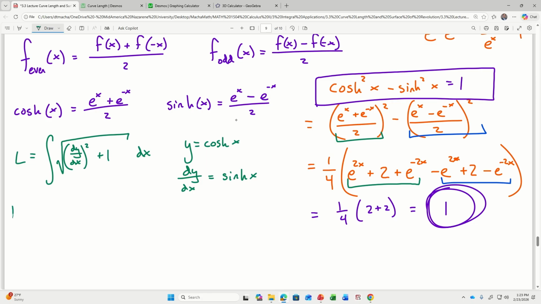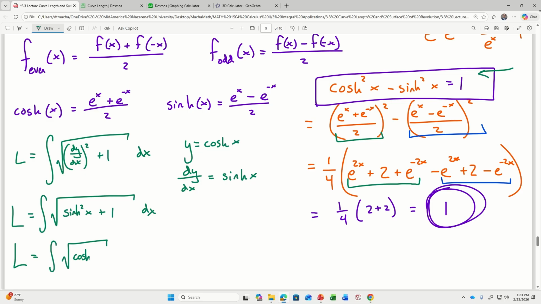So the derivative squared is going to be sine hyperbolic squared. What is sine hyperbolic squared plus 1? We used the identity we just proved a moment ago to say that sine hyperbolic squared plus 1 is the same thing as cosine hyperbolic squared.